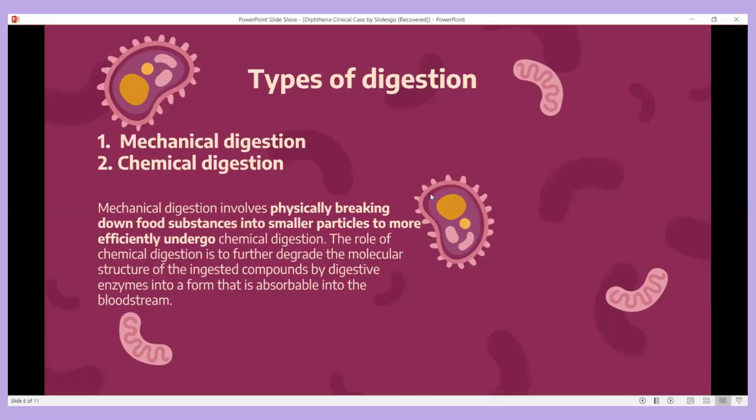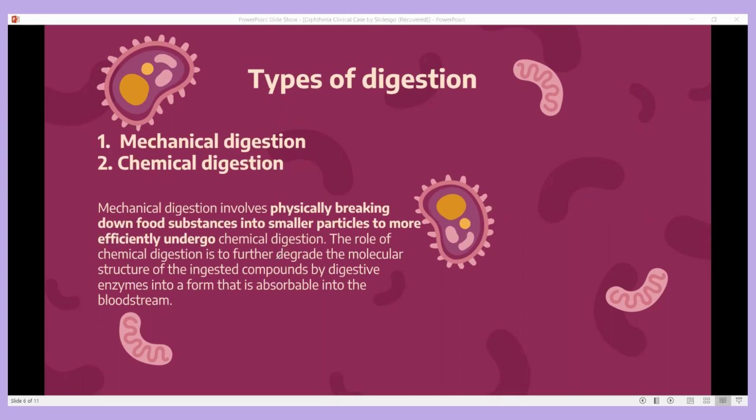We have two types of digestion that we can study. The first type is mechanical digestion, and the second one is chemical digestion. Mechanical digestion is the digestion that takes place by physical activities. It involves the physical activities done by the teeth: grinding, chewing, tearing the food into pieces, and swallowing.